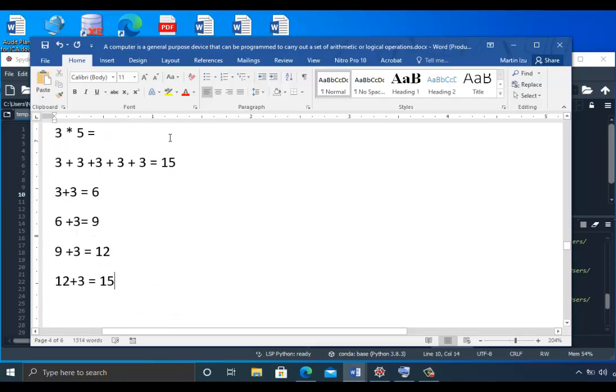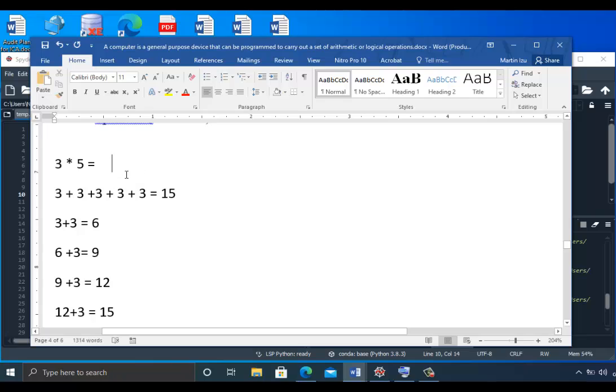So let's look at the associativity feature of multiplication. We can as well say here that 5 plus 5 plus 5 will give us what?